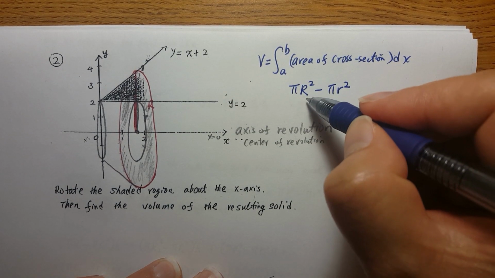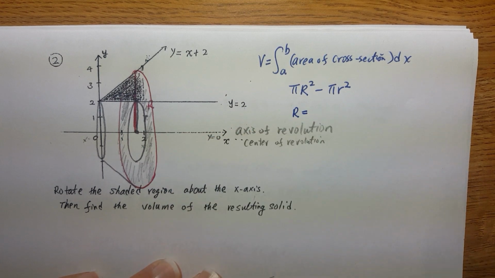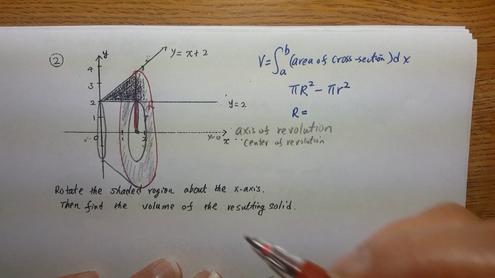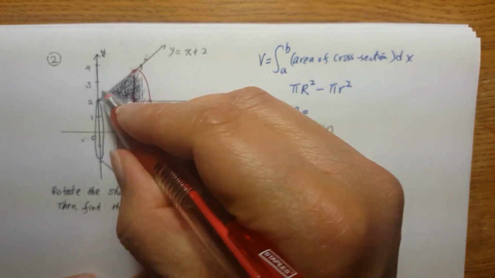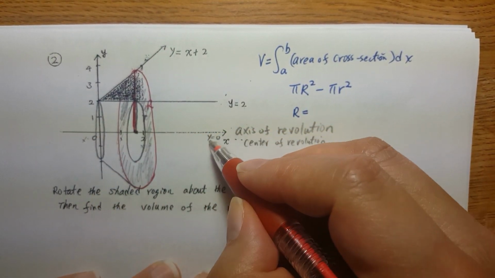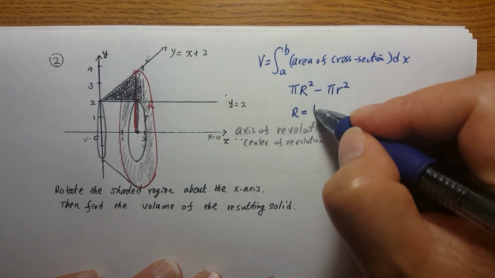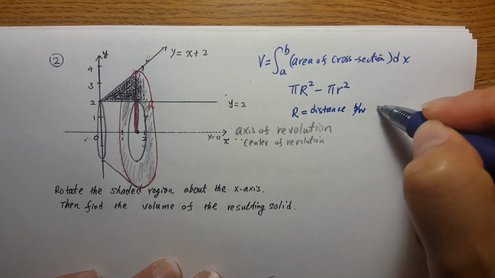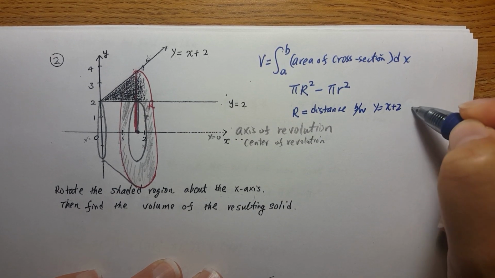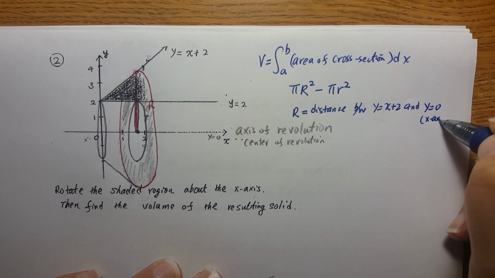So now we have to find the big R. If you go back over here, the big R is the red one. It's the distance between this outer function and the x-axis. So big R is the distance between y equal to x plus 2 and y equals 0, which is the x-axis.